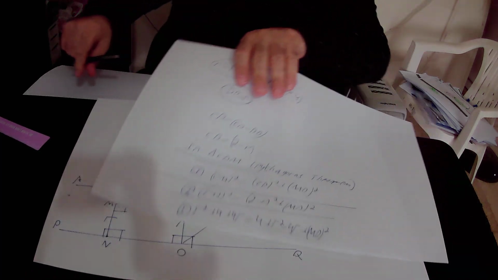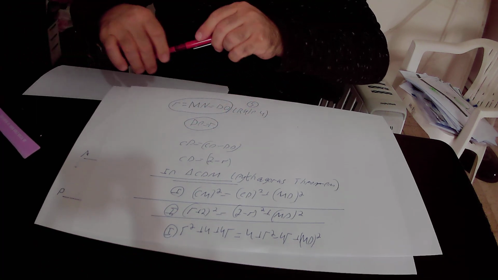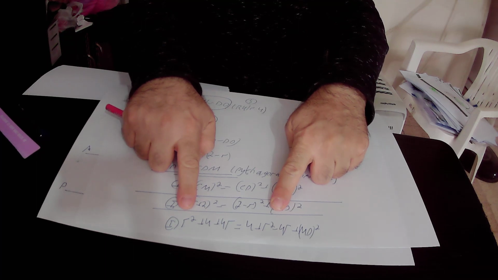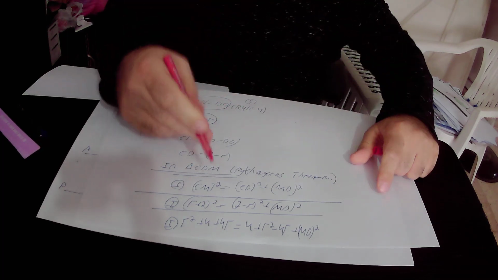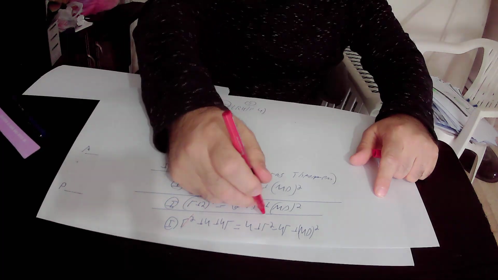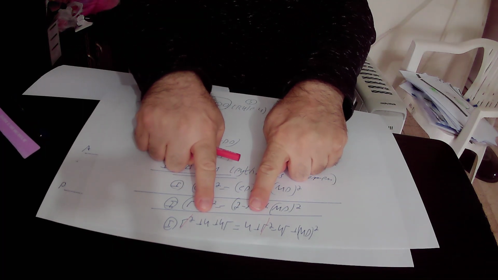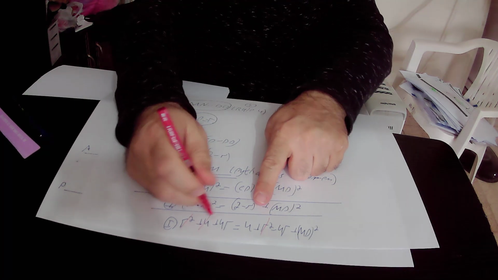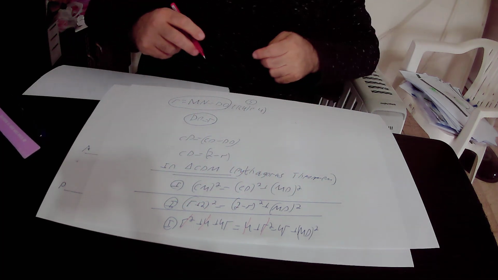So here we have R squared on both sides of equation number 1, so R squared will get cancelled. And we have also 4 on both sides of equation number 1, so 4 will also get cancelled. And what is left from equation number 1 after we cancel those expressions?